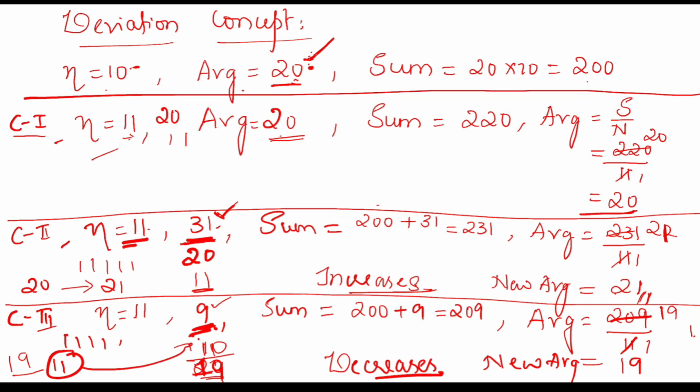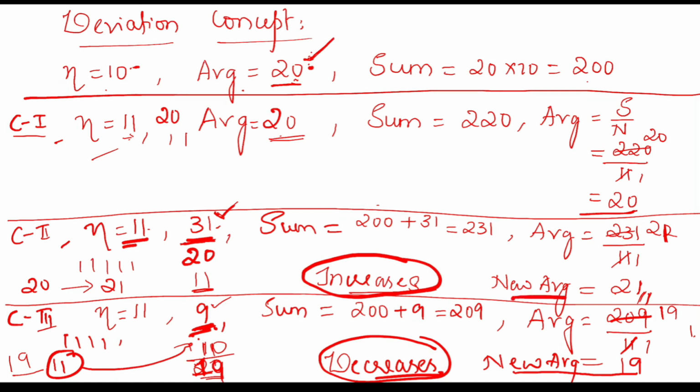So this shows that if the number of sweets or the age, whatever the new person brings, is less than the old average, then the new average always decreases. Okay, this is a very important thing we have to remember. If the new person coming has more than the old average, then the new average always increases.